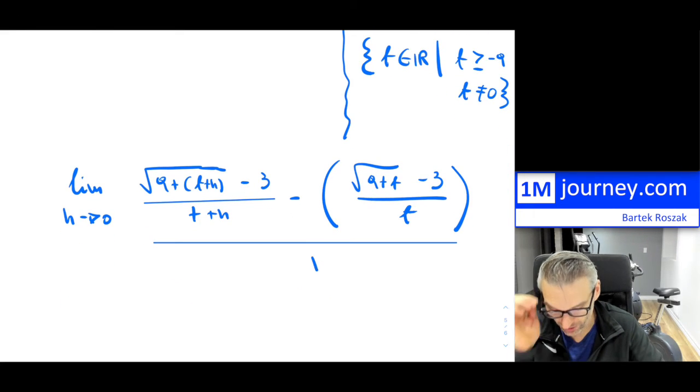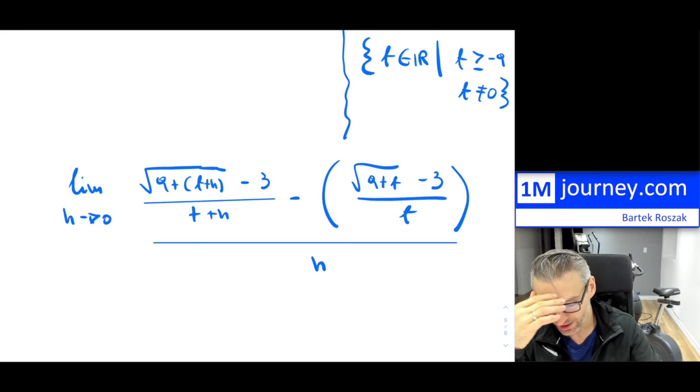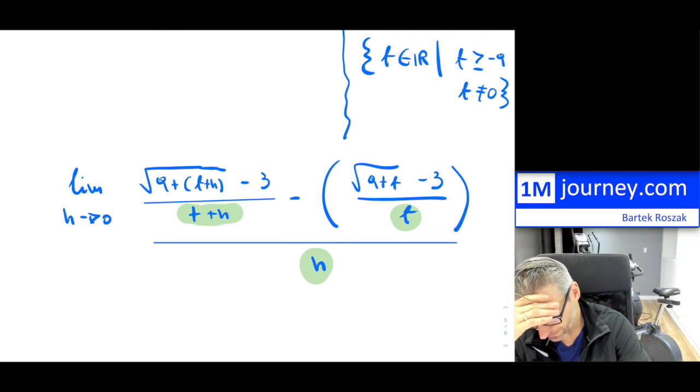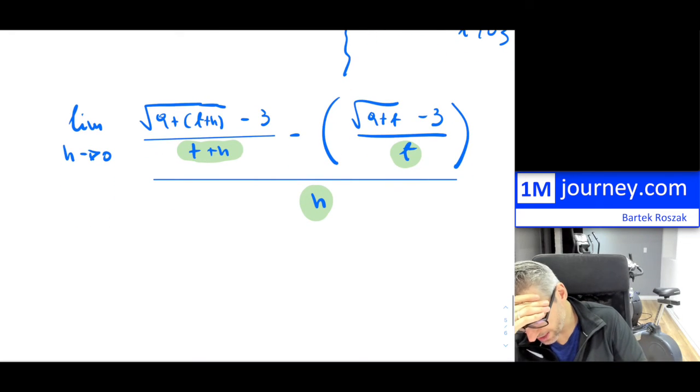So we're going to have to do a lot of massaging in here to figure out what we're going to get. Okay, so forget the denominator, this h, at the moment. We'll forget about that. But we are going to find a common denominator between these two. And that's going to now give us this.